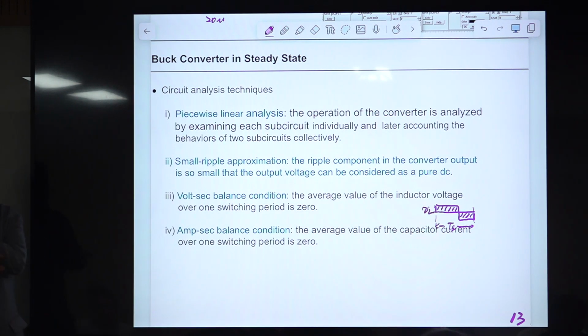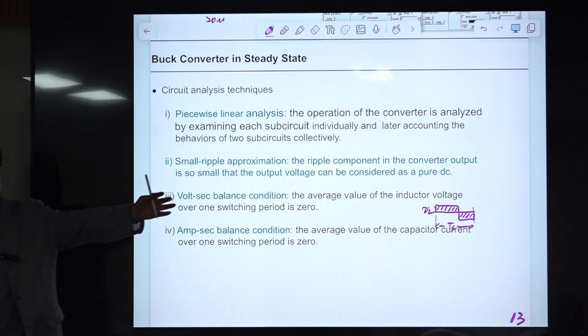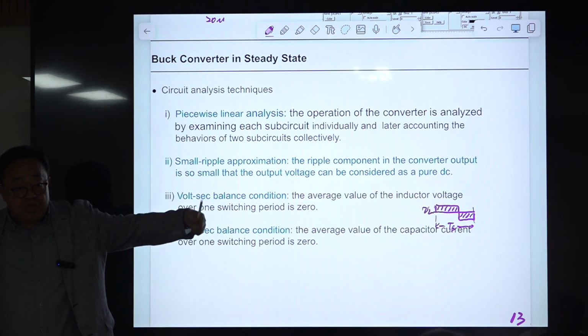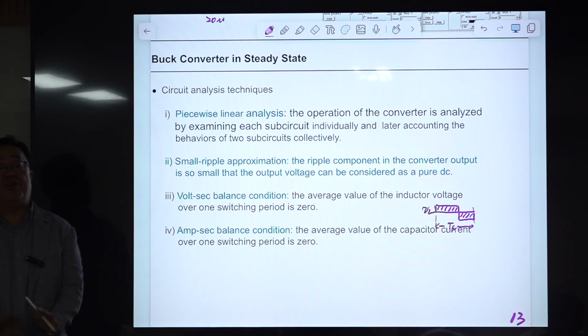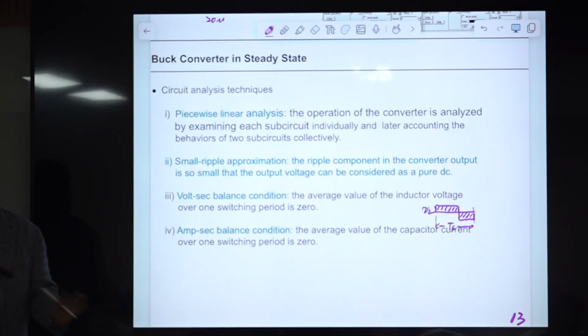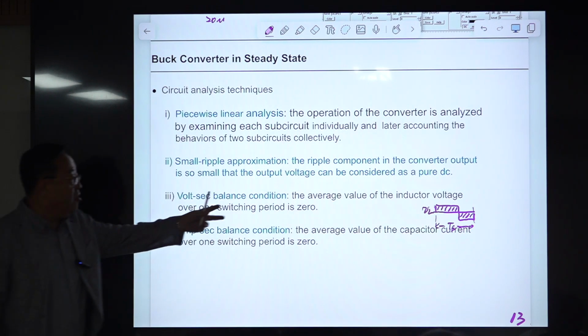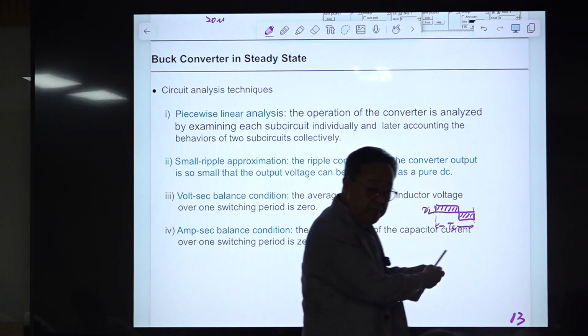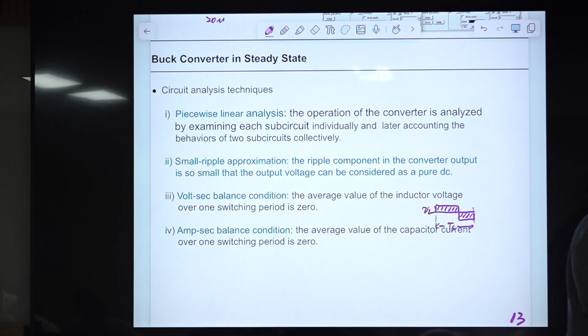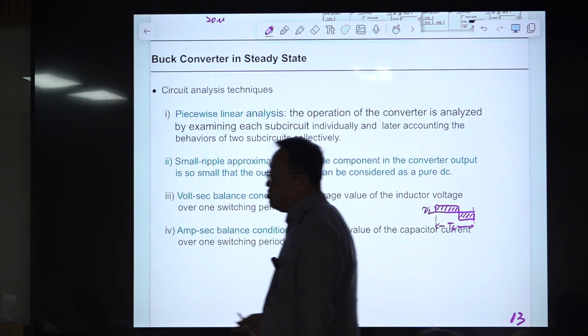In general, for a long period, there is some unbalance in the final period, but it is so small compared to the long summation. So in general, without mentioning voltage magnitude or timing information, you assume the average value of inductor voltage is always 0. This is the volt-second balance condition.